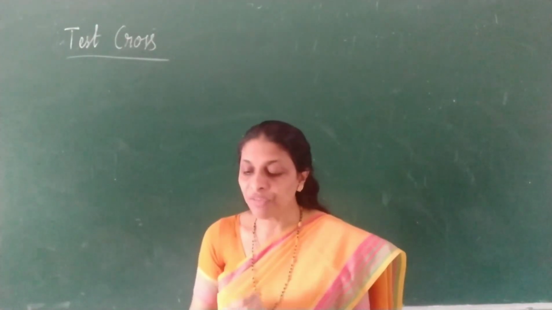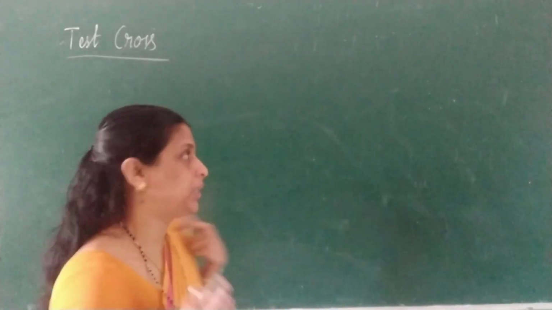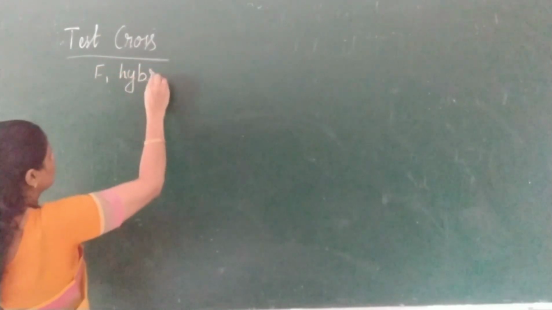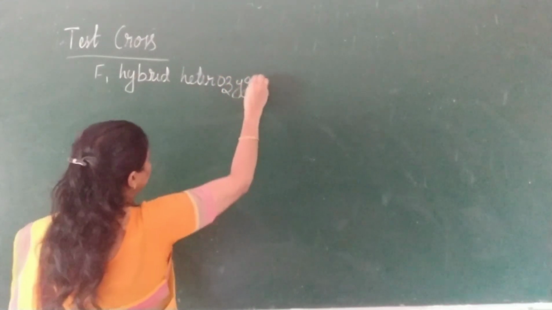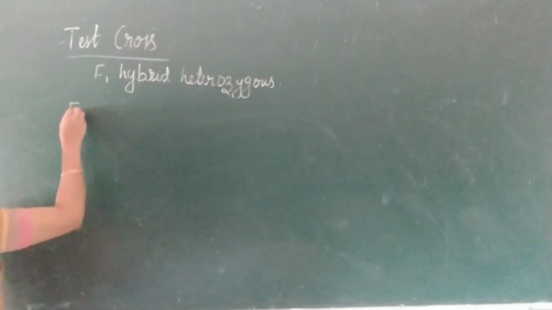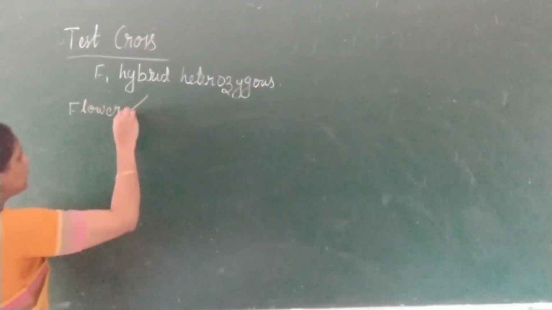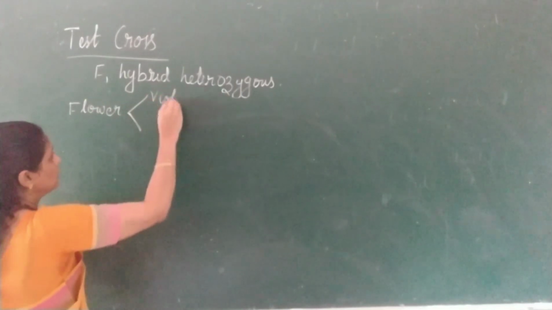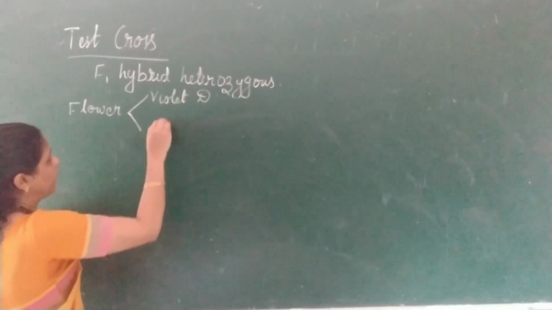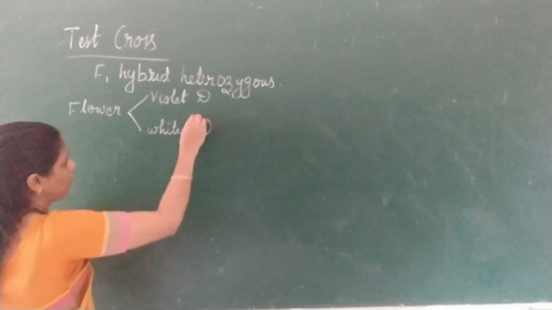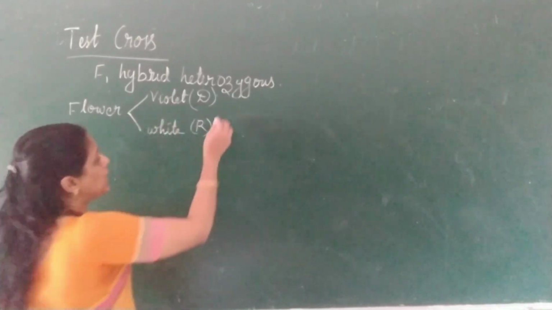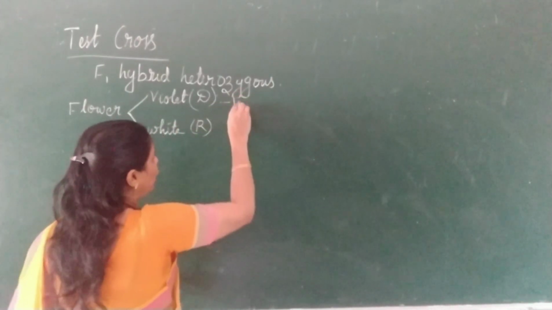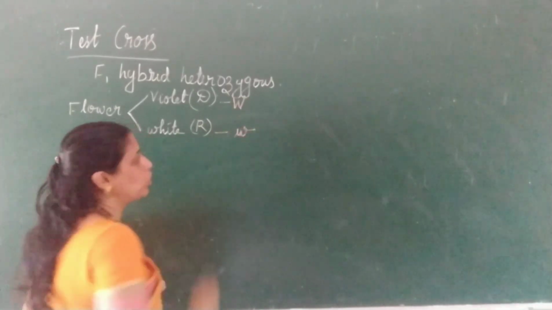So first let us see if the F1 hybrid is heterozygous. So two conditions are there. Now here we are taking flower color, right? So there are two colors as I have told you. One is violet, which is dominant, and the other one is white, which is recessive. So for violet, let us take it as capital W, and for white, let us take it as small w.